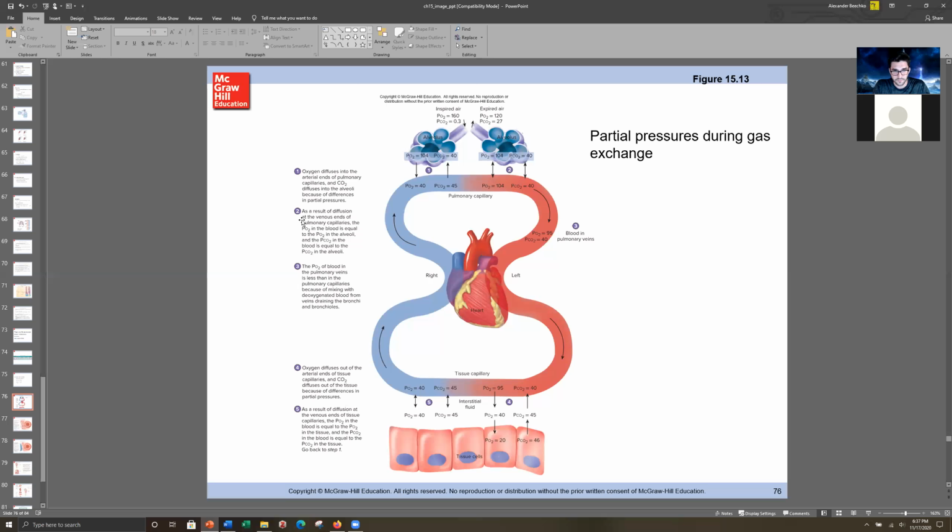As a result of diffusion at the venous ends of the pulmonary capillaries, the partial pressure of oxygen in the blood is equal to the partial pressure of oxygen in the alveoli, and the PCO2 in the blood is equal to the PCO2 in the alveoli.